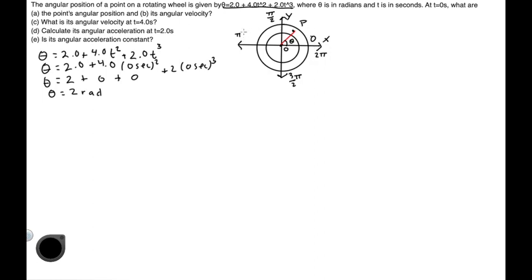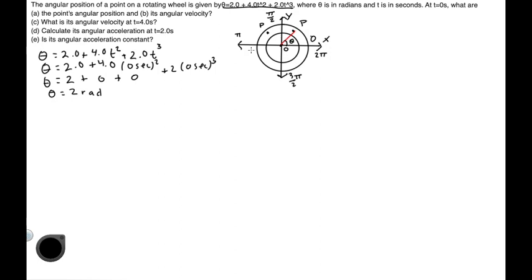Pi is about 3.14, so from the positive x-axis to the negative x-axis is about 3.14 radians, and about half of that is 1.57 radians. So the point is going to start somewhere in this second quadrant. Point P is most likely somewhere here.